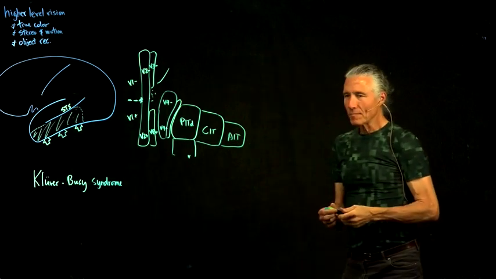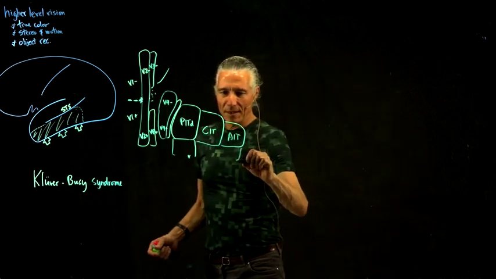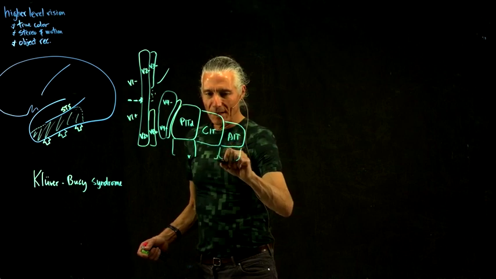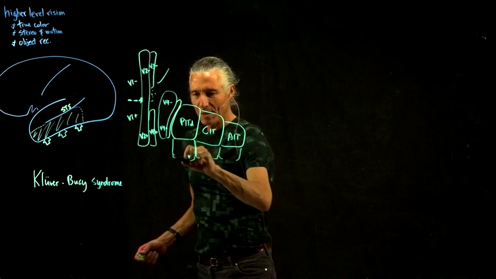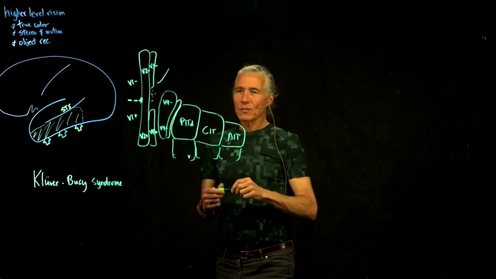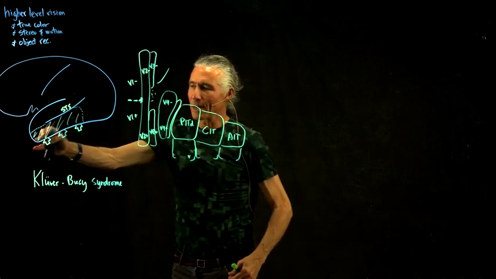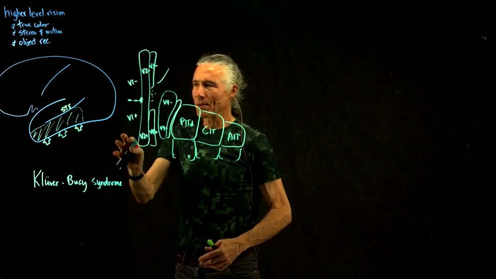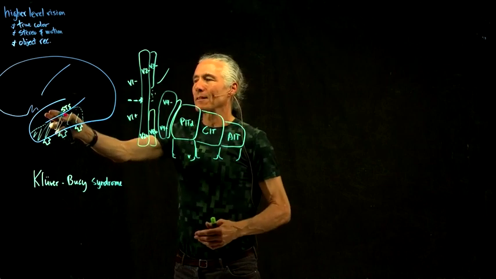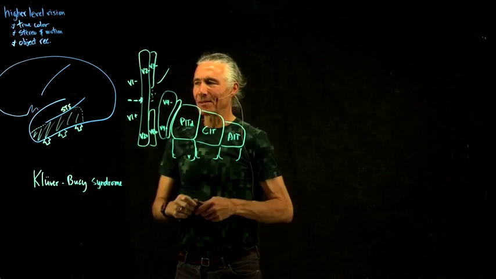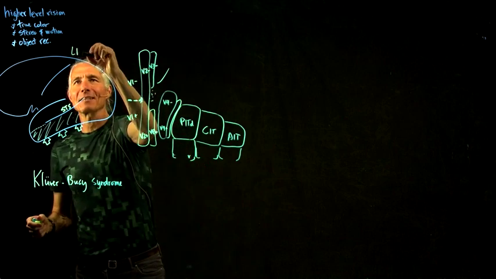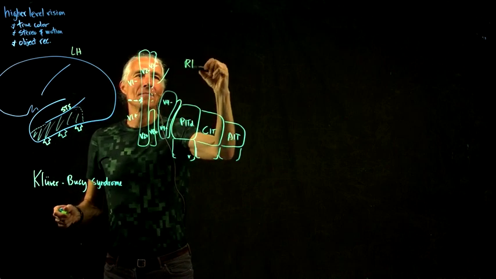There are additional areas down here that weren't looked at in the particular study I'm going to show you. But there's a whole series of infratemporal cortices splayed out here. I should have drawn the other hemisphere, but this is a left hemisphere and this is a right hemisphere. So this is LH, RH.